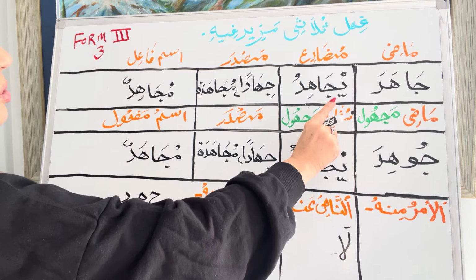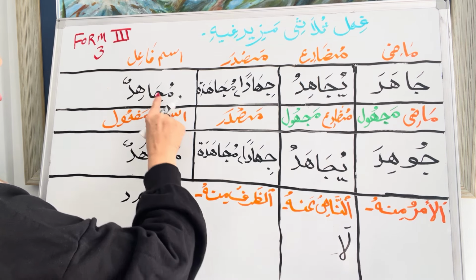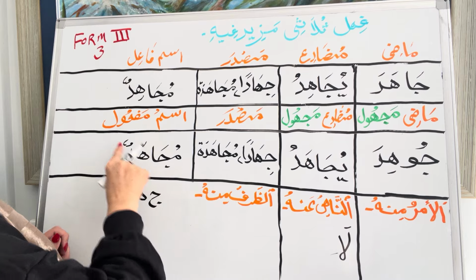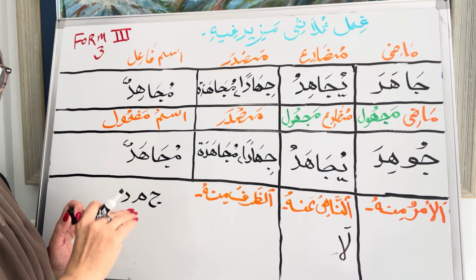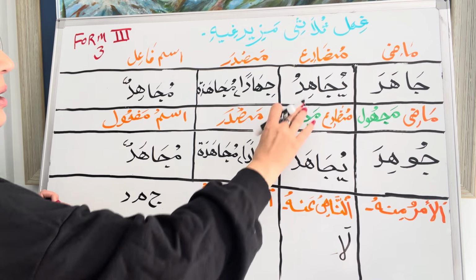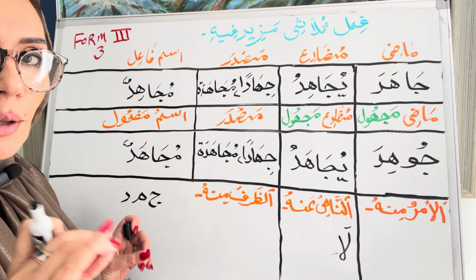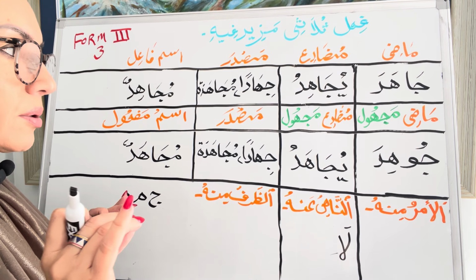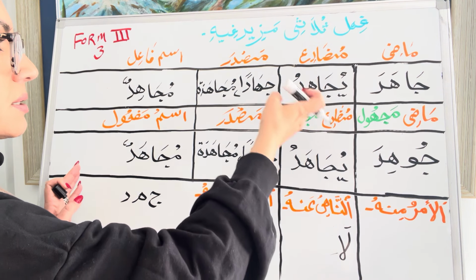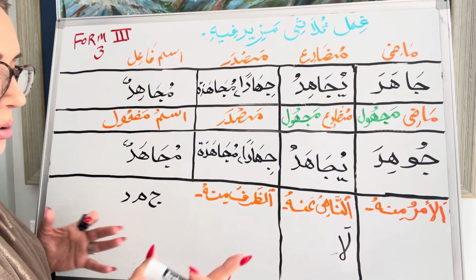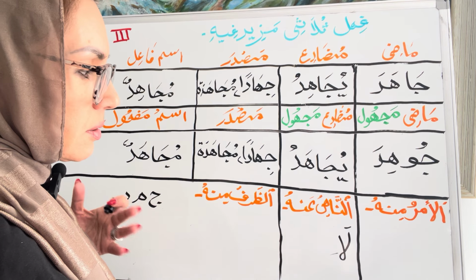Notice how here is yujahidu, mujahidu. Here is yujahadu, mujahadu. So they kind of follow the same pattern. Fatha, fatha, kasra, kasra here. Sometimes like little things can help you remember. It's like, oh, okay, I know in this form it takes a kasra, kasra, but in majhul, the fatha goes on the top. So whatever works for you that you can remember.